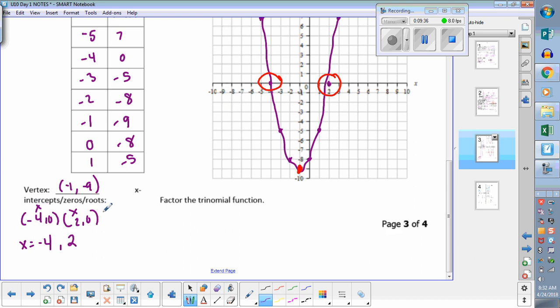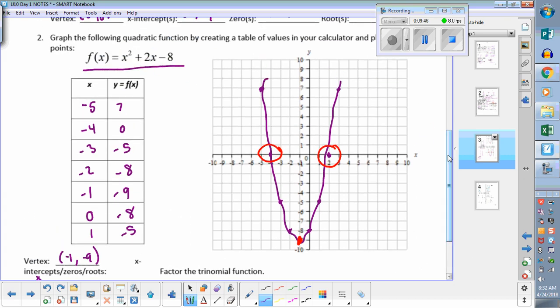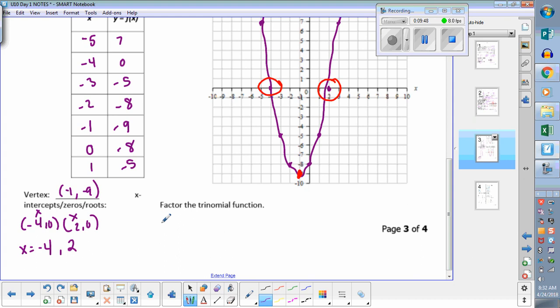and 2, all right? So now they want to factor the trinomial function. So the trinomial function is this right here. I'm going to rewrite it: x squared plus 2x minus 8. We don't even have to plug this back in the calculator because we know what our x values are.